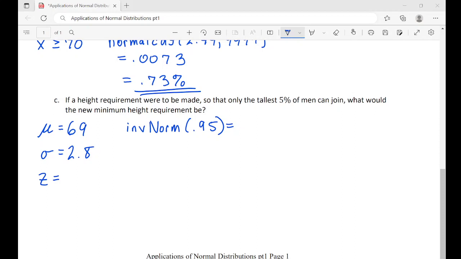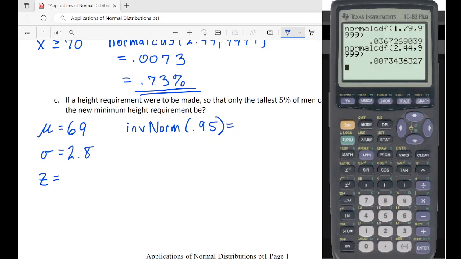So again, we're going to use our calculator to make it a little bit easier. So second and vars and number 3 inverse norm. And what we're going to do is we're going to type in 0.95 like so. But if you happen to have a TI-84, it's actually going to ask you for the area, which is not too bad.